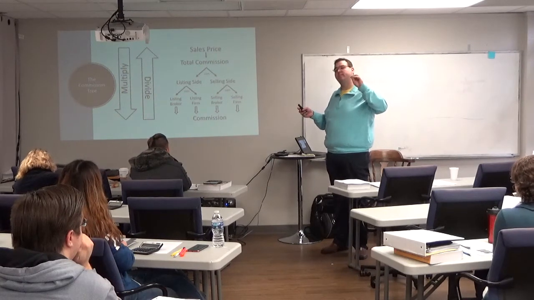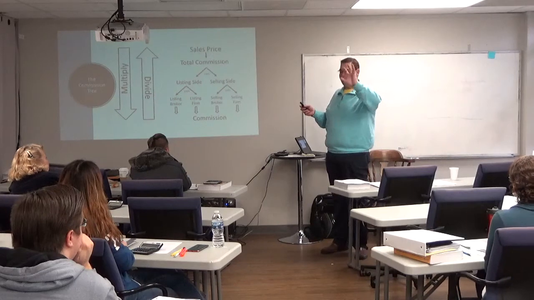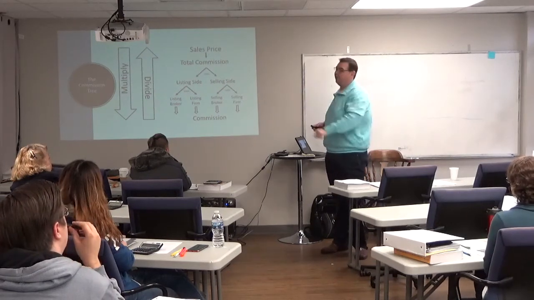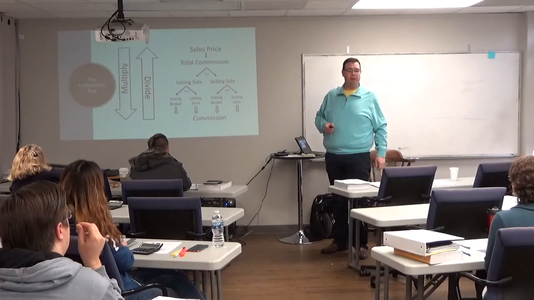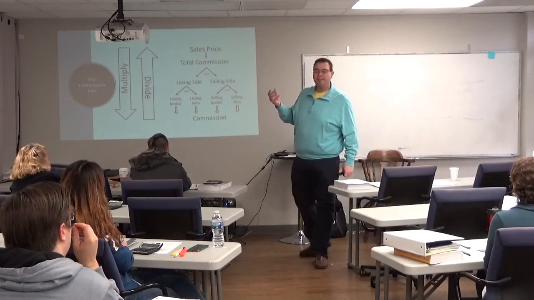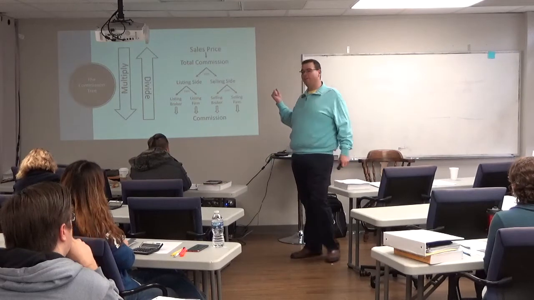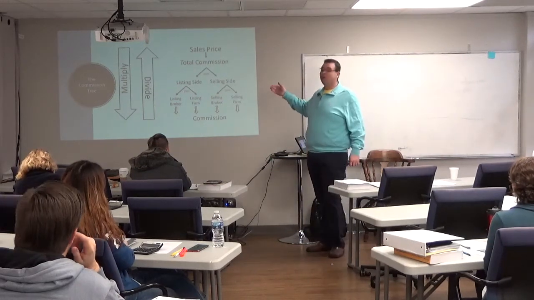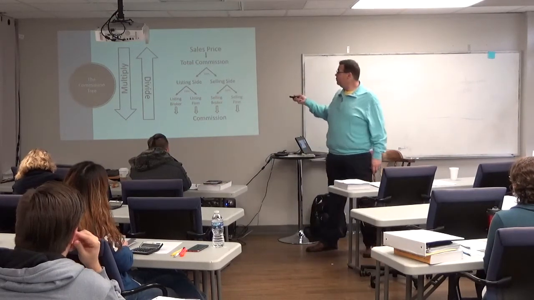And what do we call those 2 sides? The side representing the seller, we call the listing side, which is on the left side of your commission tree diagram, and the side representing the buyer we call the selling side, which is on the right side of your commission tree.